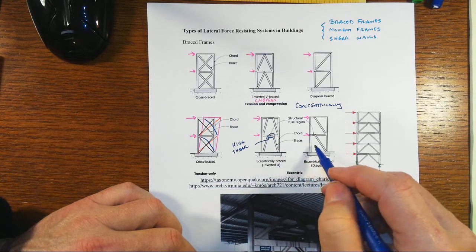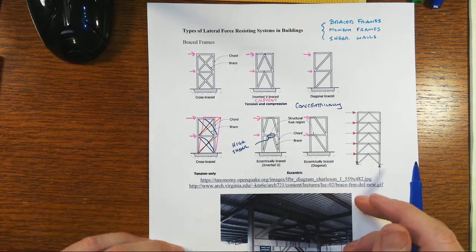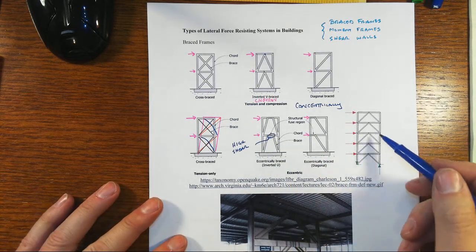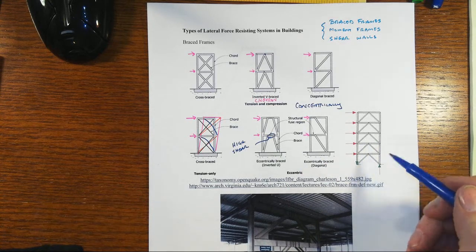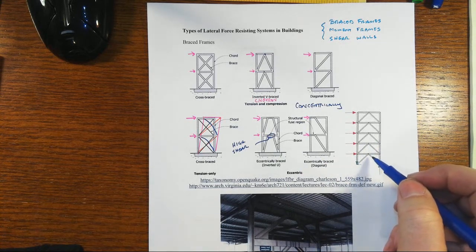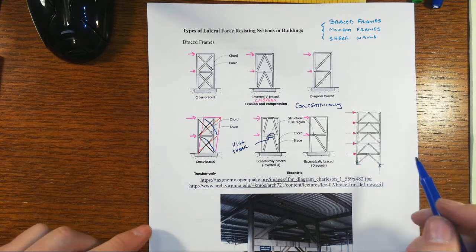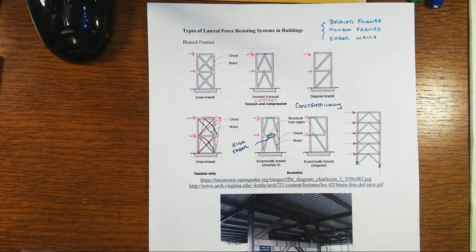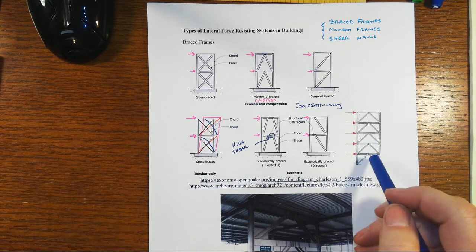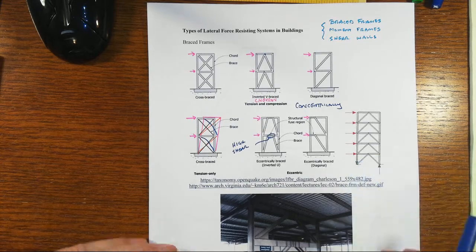So that's a more exotic type of approach, and what you see over here on the right is one of these more concentrically braced frames. That's the V shape or the chevron type, which is a far more conventional kind of situation throughout the continental U.S., at least in terms of concentric brace frames versus eccentric.